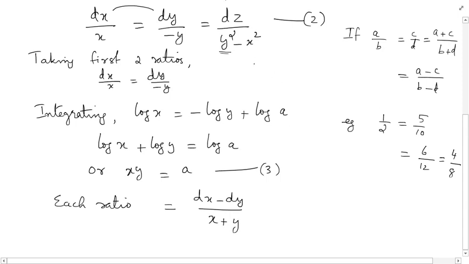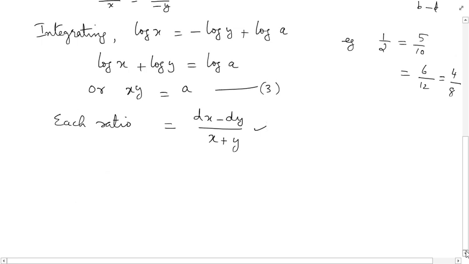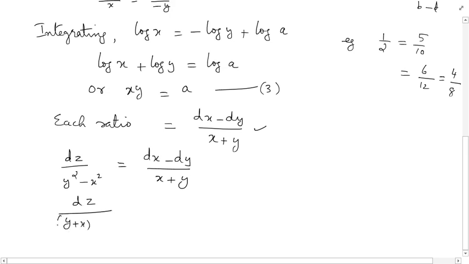Now you consider the third ratio and this new ratio and prepare one new equation. So you can write dz by y square minus x square is equal to dx minus dy by x plus y. Now this y square minus x square can be written as dz by y plus x into y minus x, that is equal to dx minus dy by x plus y.